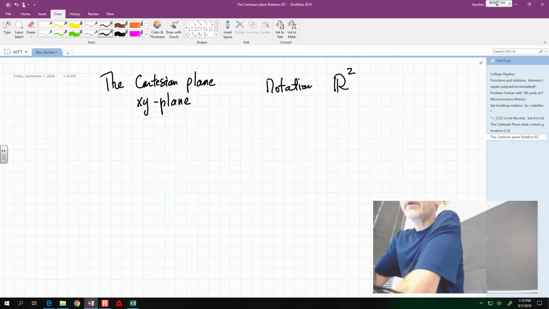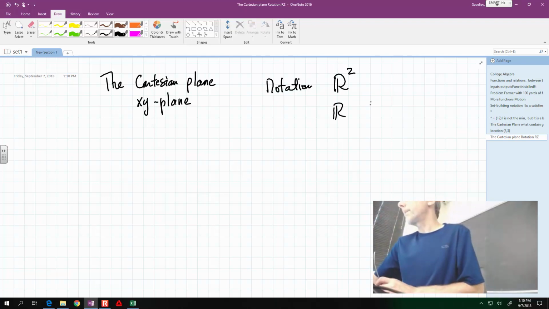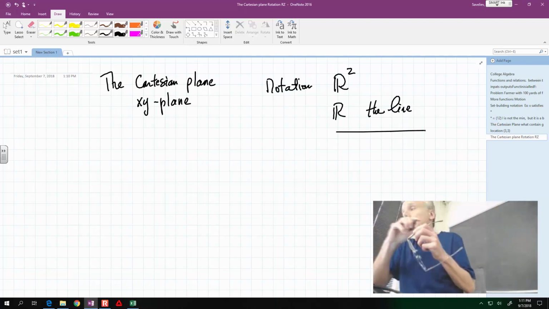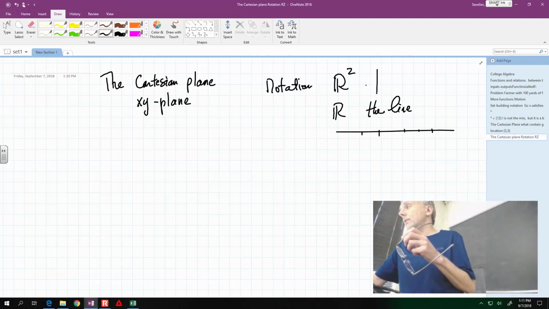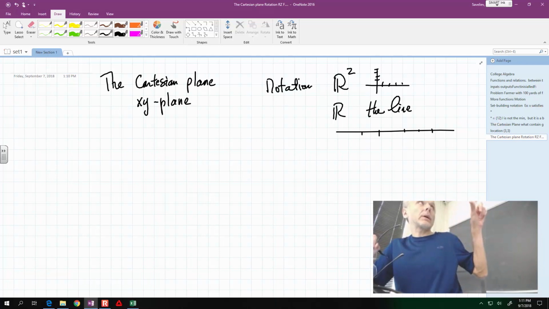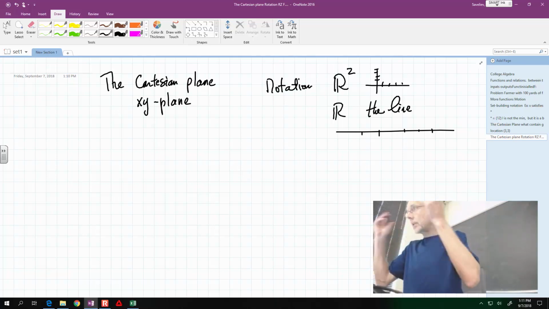Remember that R by itself is a line. R stands for real numbers, and that is like our grid. Here we have two of these, and that is why we call it R2. Two copies of the real line, put together in this fashion, is called R2. The Cartesian plane, the XY plane, sometimes also called the Euclidean plane.